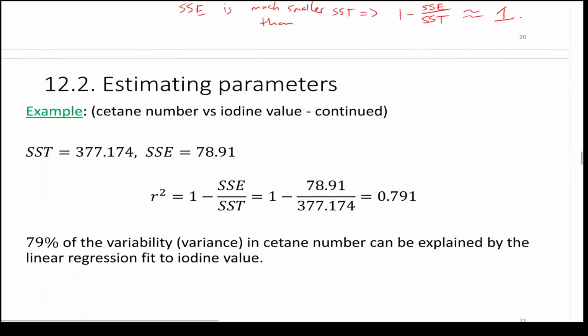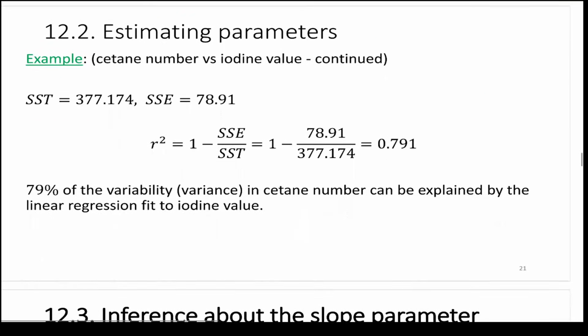And we could calculate the r squared value for our example. We get this value from our calculation. We go ahead and calculate SST, and that's 377.174. R squared, 0.791. So pretty good fit. Not a great fit, but pretty good. So this is a pretty decent fit.